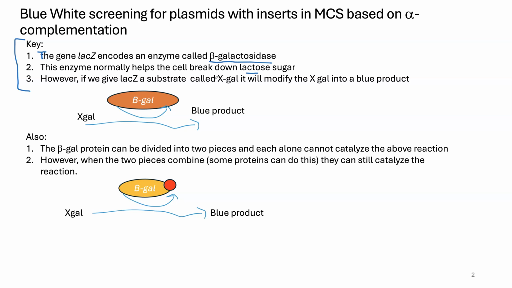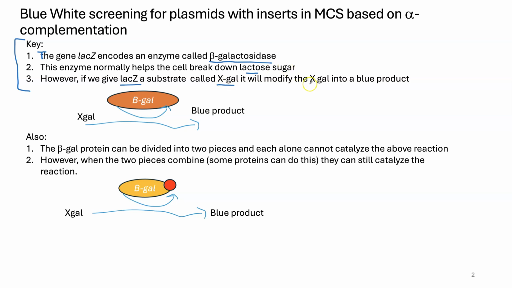And it was determined that you could basically plate cells that are expressing LacZ on a media with a substrate called X-gal. It's a gigantic long name, which I will give you at some point, but you only have to remember X-gal.